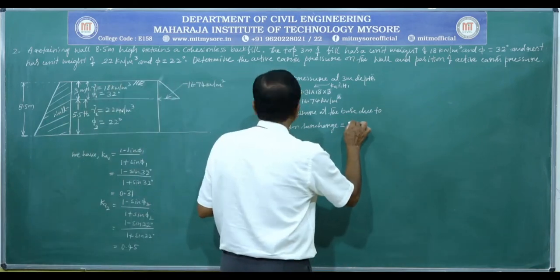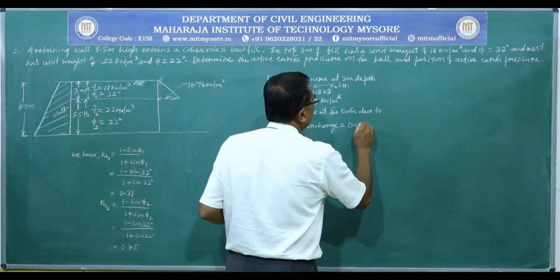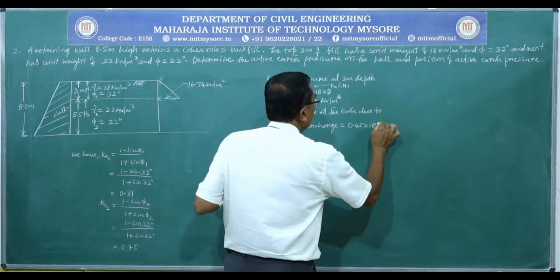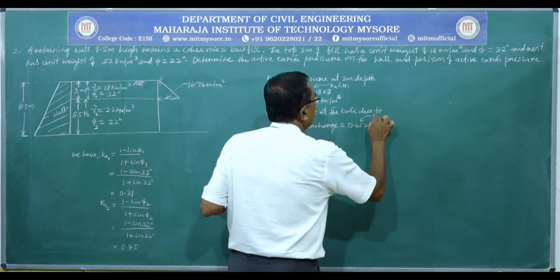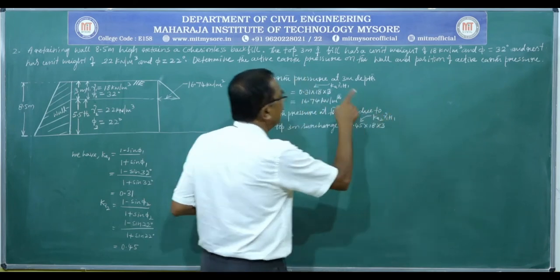That is Ka2, 0.45 times 18, the top unit weight, multiplied by 3. This is Ka2 into gamma 1 into H1. This is very important.